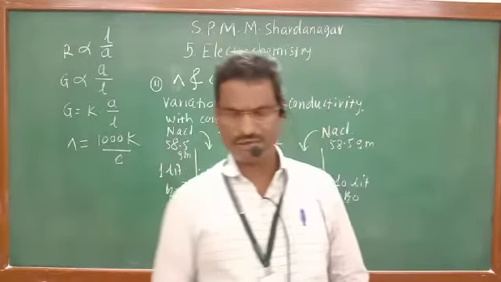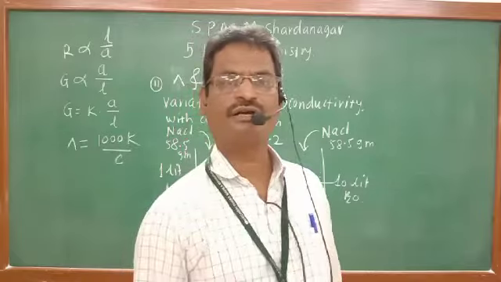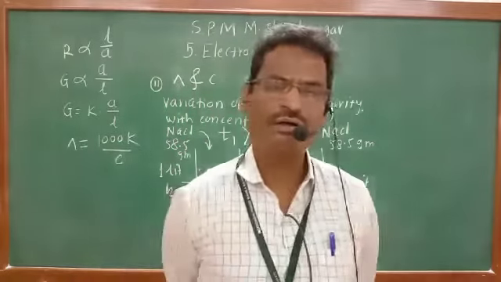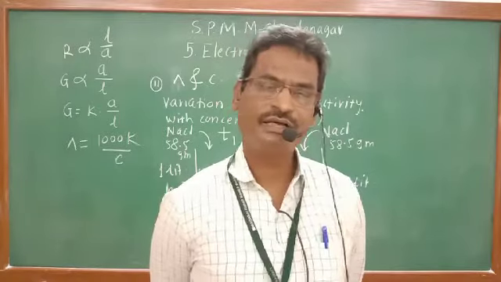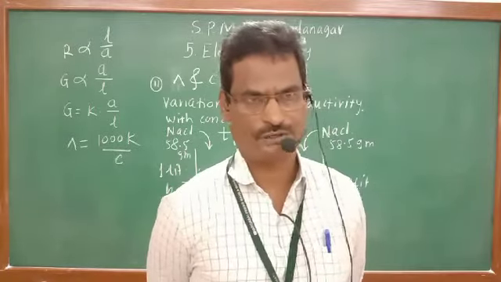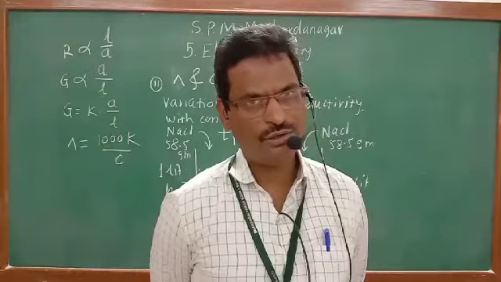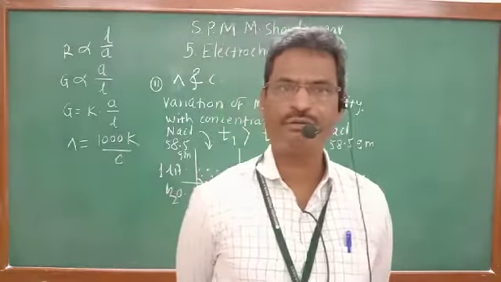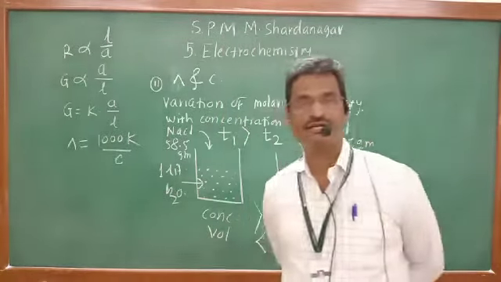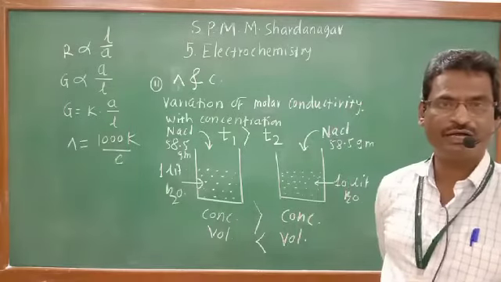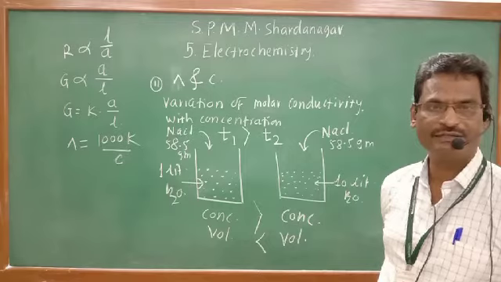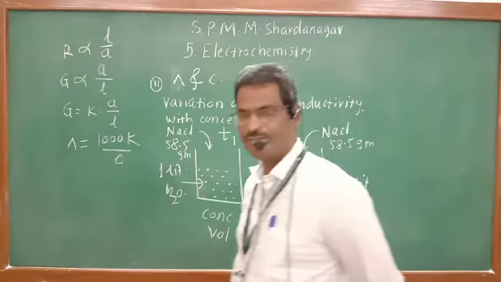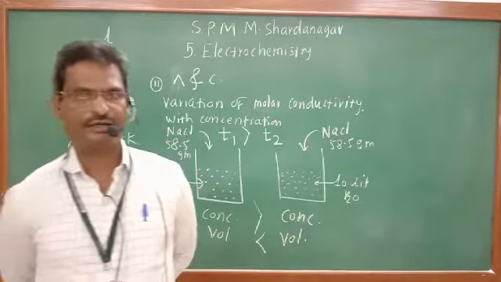That molar conductivity with concentration relation for strong electrolytes and weak electrolytes is different from each other. How the variation of molar conductivity with concentration is present in strong electrolytes, and how that is related in the weak electrolytes, what is that law, that part we will see in the next lecture.